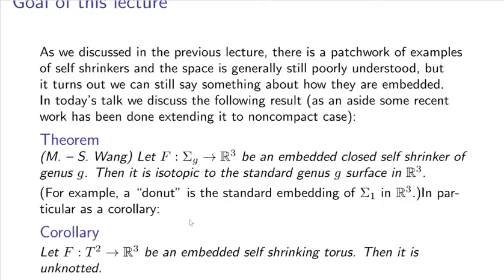So in particular, because of course the Angenent torus is unknotted, you can think of this as the uniqueness for the Angenent torus up to isotopy. Any other self-shrinking torus in R3 is at least isotopic to the Angenent torus.